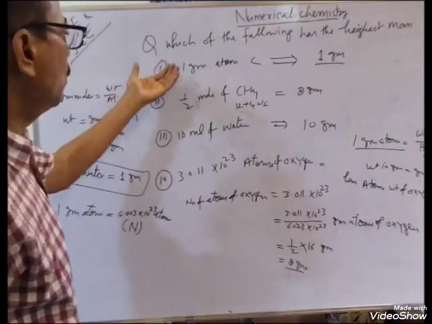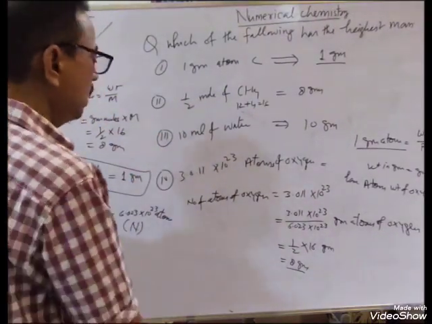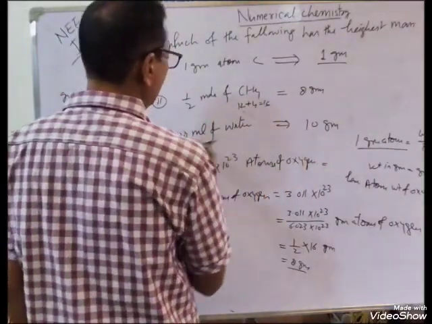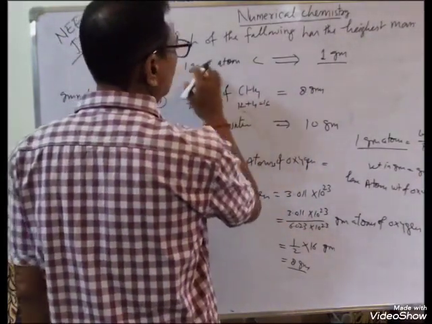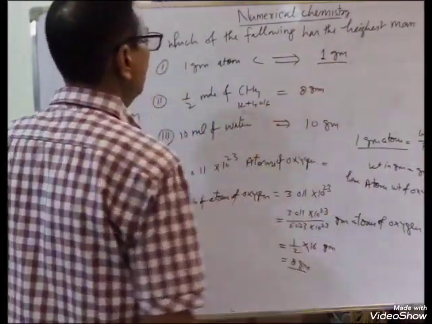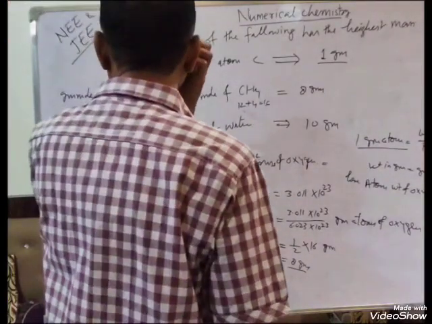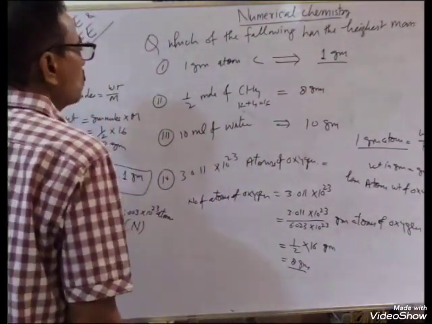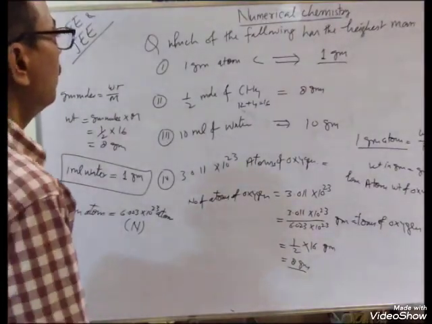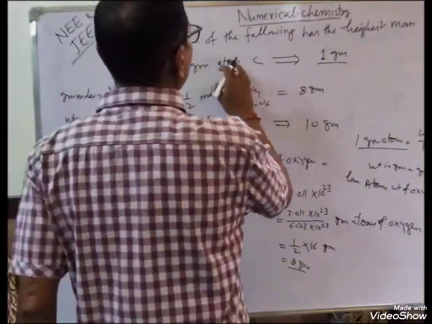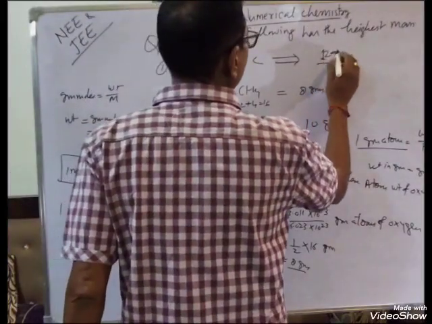So in 4 cases you have calculated the weight. 8 gram in the fourth, 10 gram third, 8 gram second, first 1 gram. 1 gram atom of carbon, that is 12 gram.